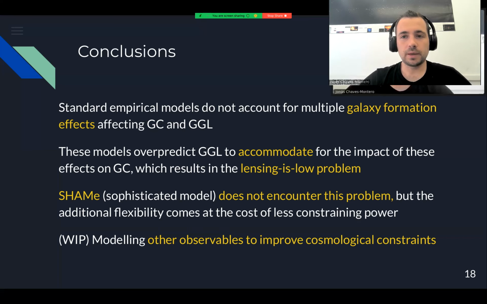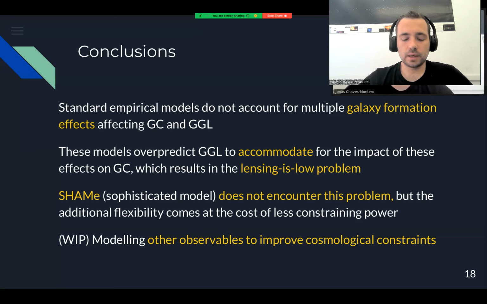But just to recap and to go to the important points, what we found is that standard empirical models don't account for multiple galaxy formation effects that are predicted by our best models of galaxy formation, that are the hydrodynamical simulations and the semi-analytic models.